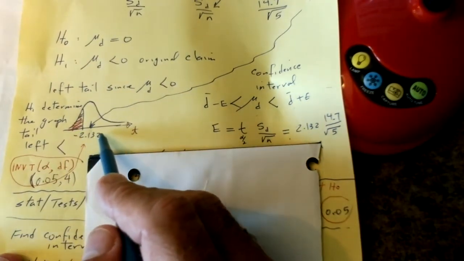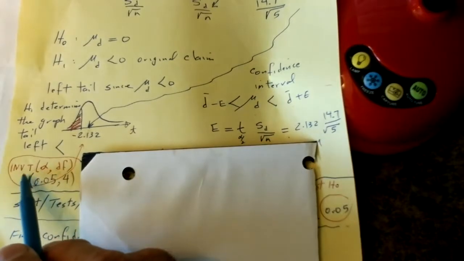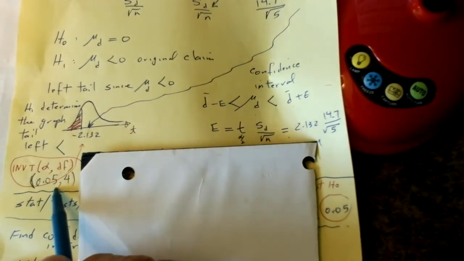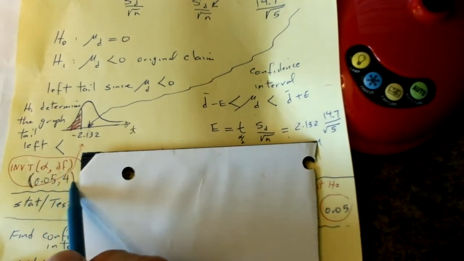How do I find these numbers? In your calculator, you go to inverse T, alpha, and DF. Alpha is 5%. The significance level given in the problem is 5%, and DF is n-1, which is 4.